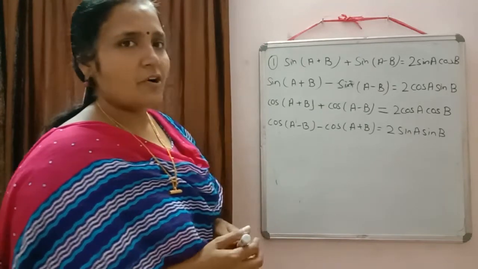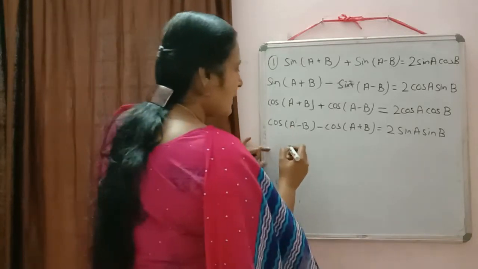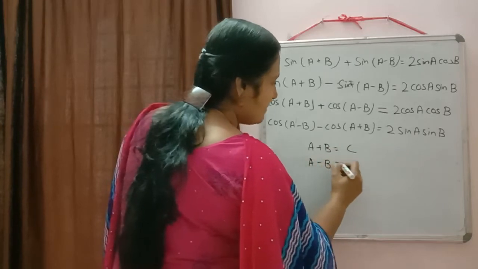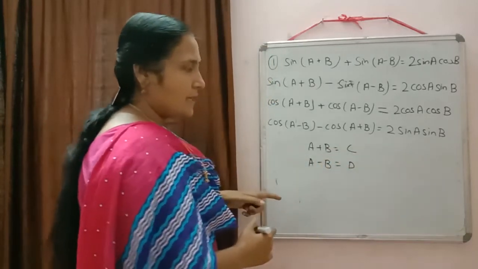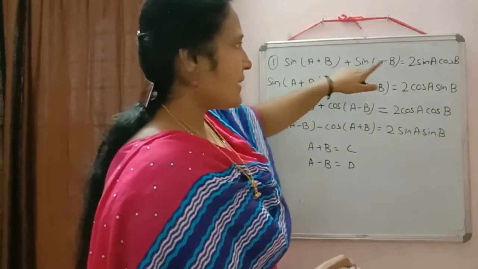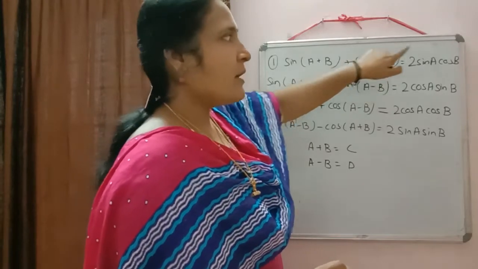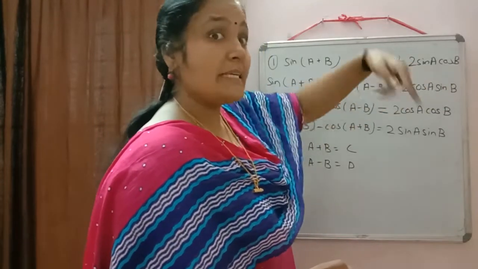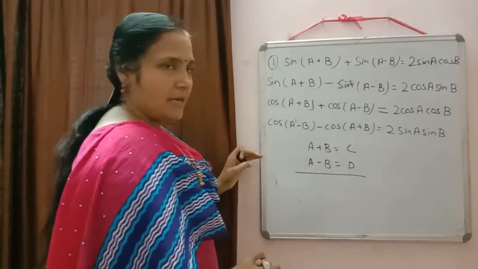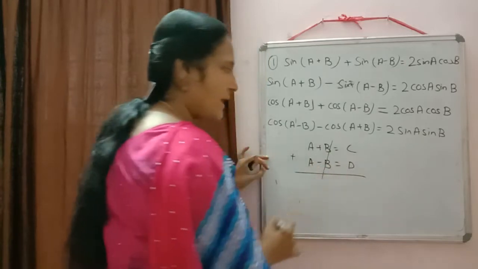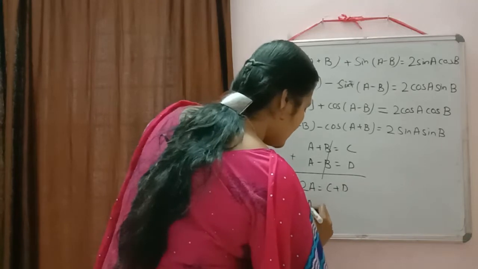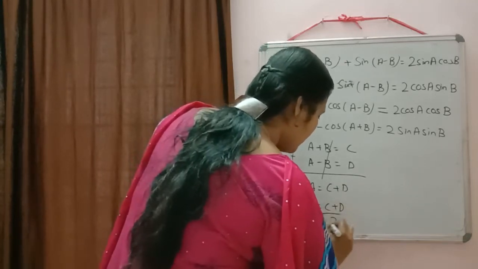In that formula, we replaced A plus B by C and A minus B by D. So obviously A and B also should be changed to C and D. To calculate the values of A and B, we did the addition. So B and minus B will get cancelled.